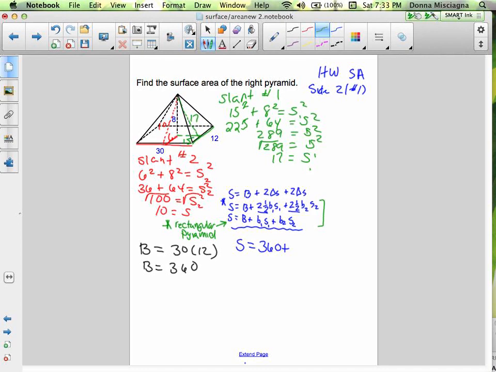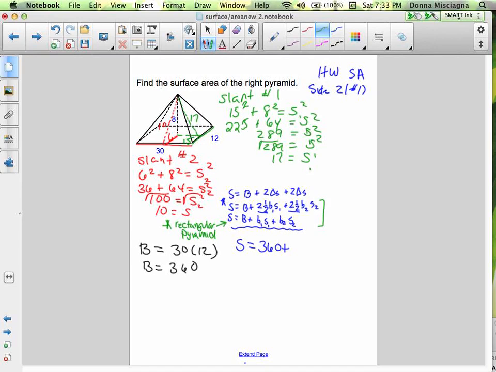It helps you figure out what measurements you need, what makes up base 1 and base 2, and helps you see why you don't need to include 2, because the half cancels with it. But our final formula is the area of the base plus one base measurement times one slant, other base times other slant. And the base and slant are on the same triangle. So that's how you can figure it out.